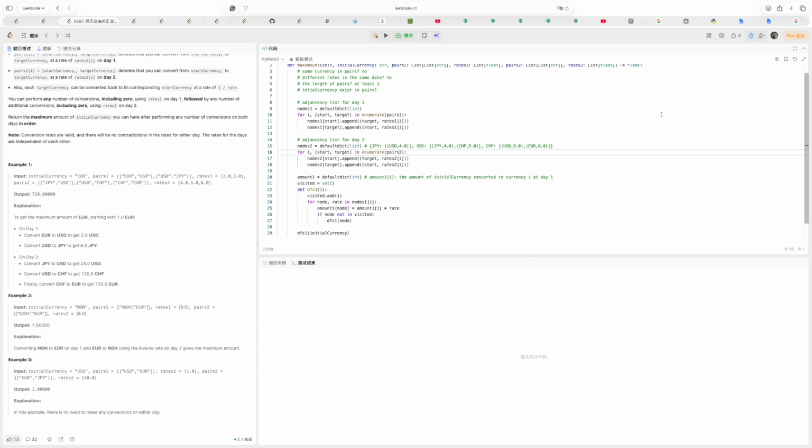Oh, the amount one will have, I think amount one euro should be 1. So for the first initial currency, this will be the initial currency.